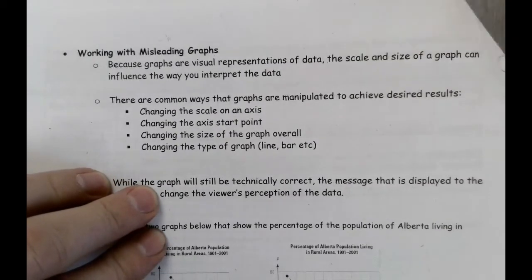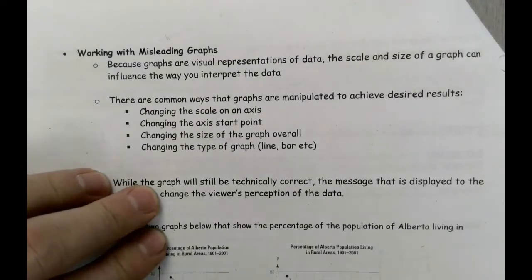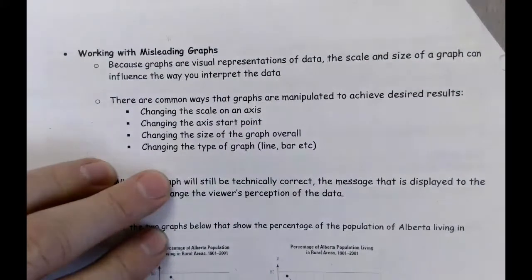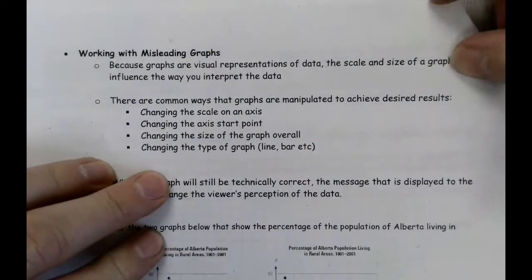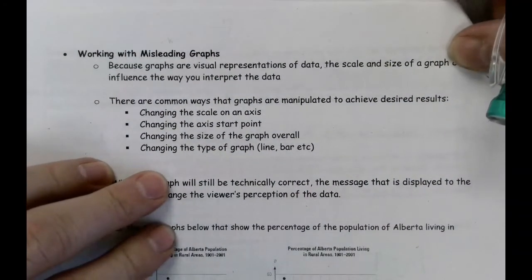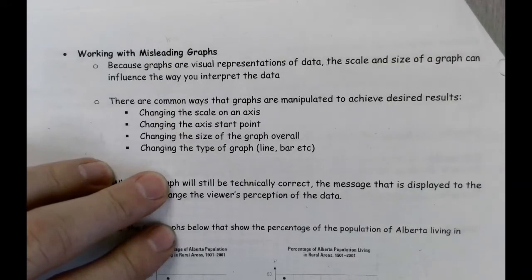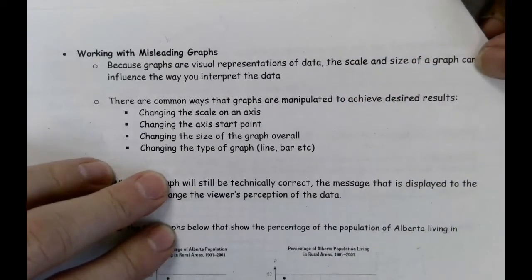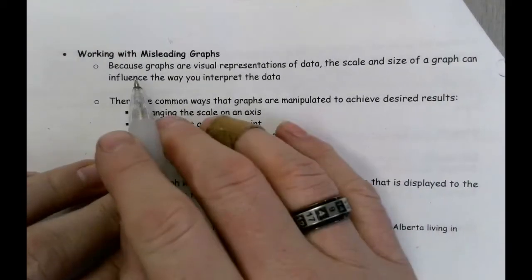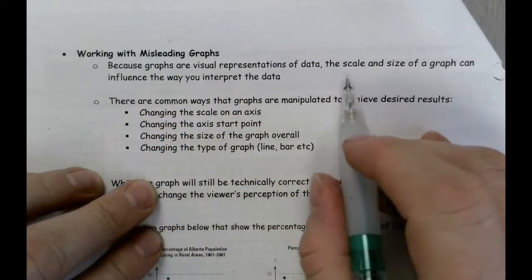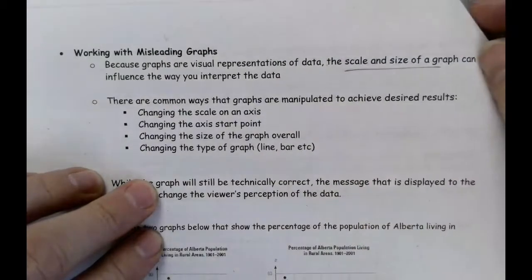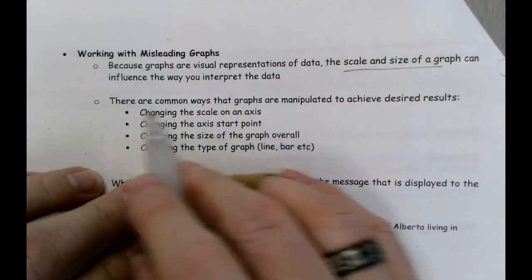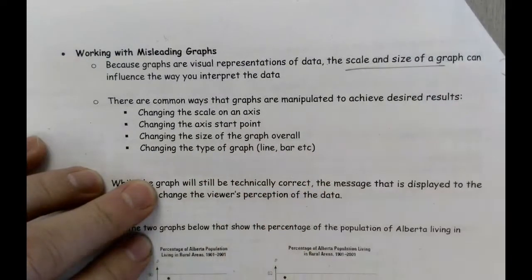And they can do that even while presenting material that is completely true, totally accurate, but presented in a way that influences the person reading it to make the wrong conclusion. Because graphs are a visual representation of data, the scale and size of the graph can influence the way you interpret the data. People know that, right? There are common ways that graphs are manipulated to achieve the desired results.